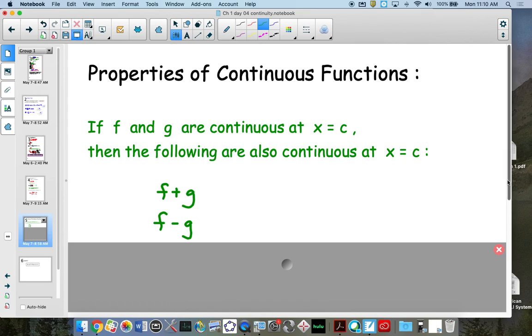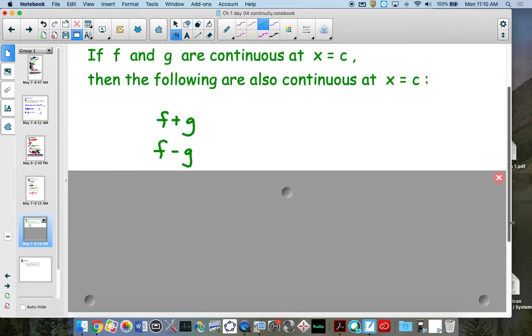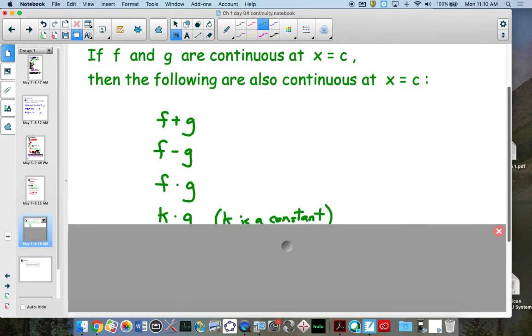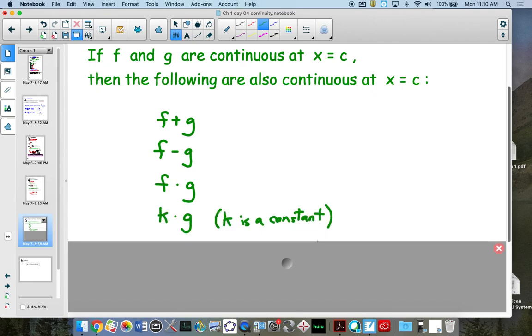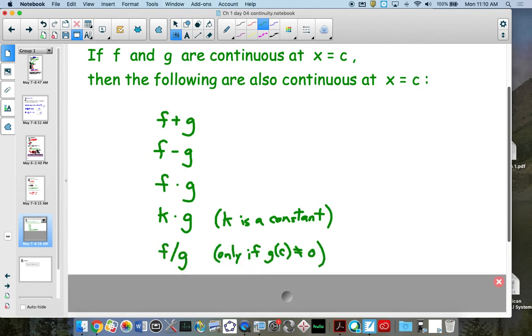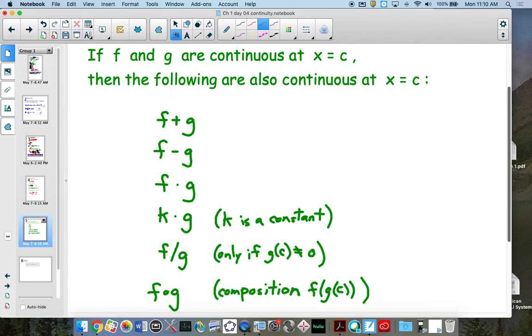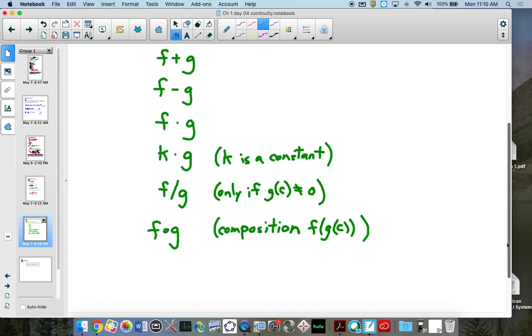The difference of the two functions will be continuous at c. The product, a constant times one of the functions, and the quotient as long as we don't get a divide by 0. And then the one that's not quite as obvious is composition. So f of g of c, or g of f of c, will also be continuous. So that's it.